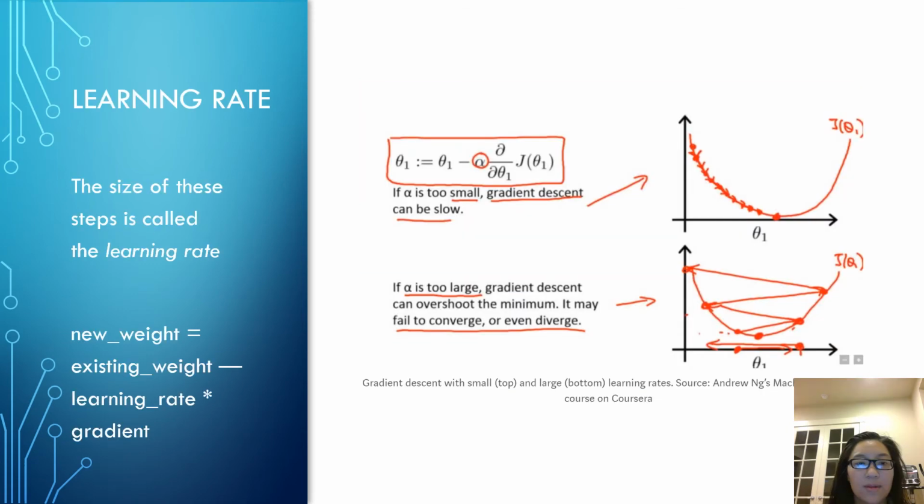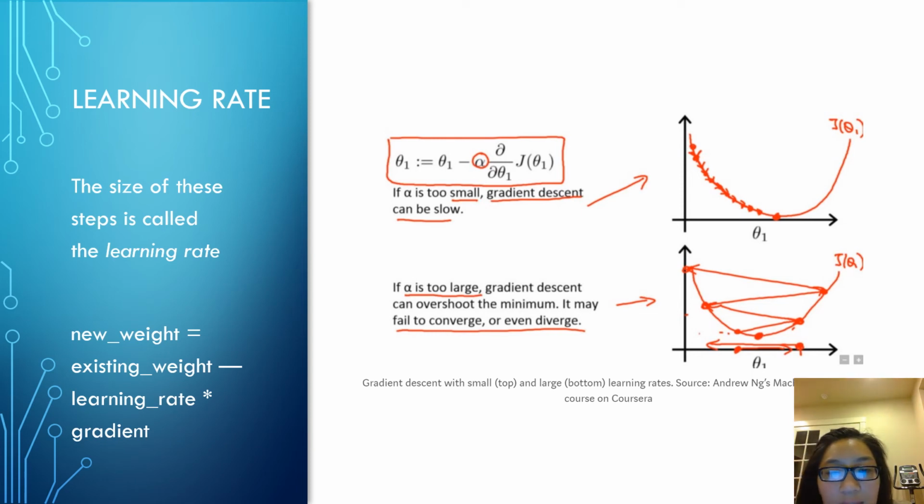So if we go back to talking about learning rate, which we previously mentioned was a way to differentiate the original action value function and the change in action value functions. The learning rate, in addition to that, is the size of the steps we take in gradient descent. So the new weight is equal to the existing weight minus the learning rate times the gradient.